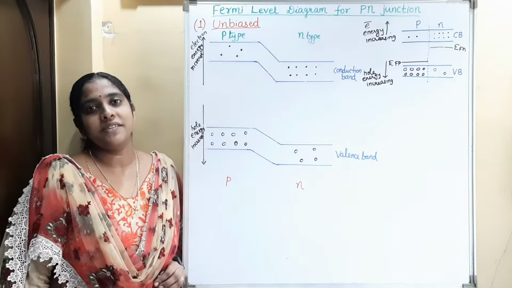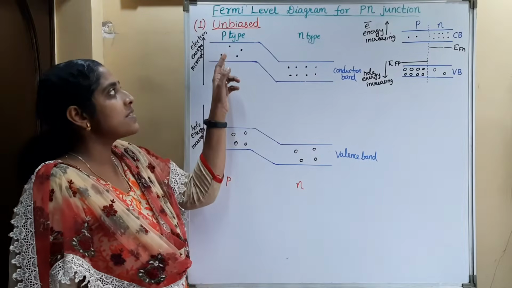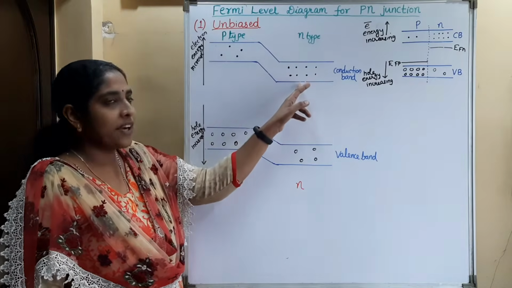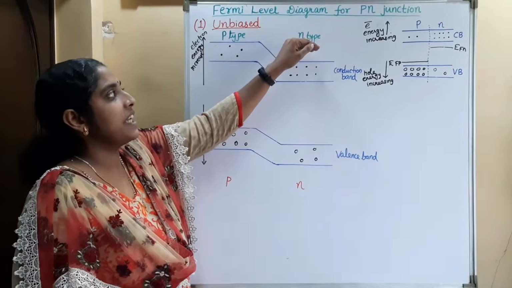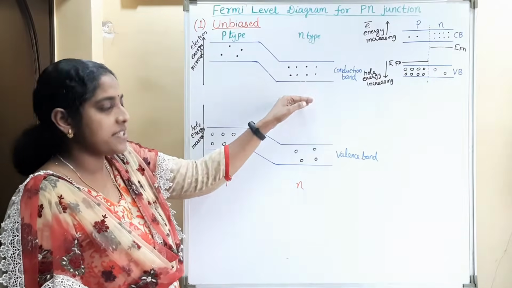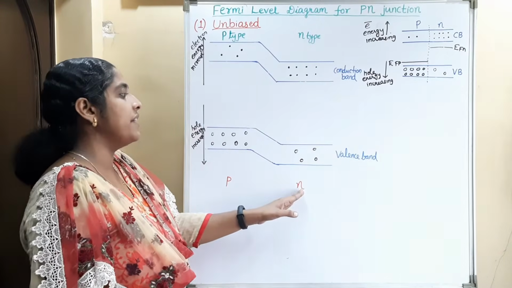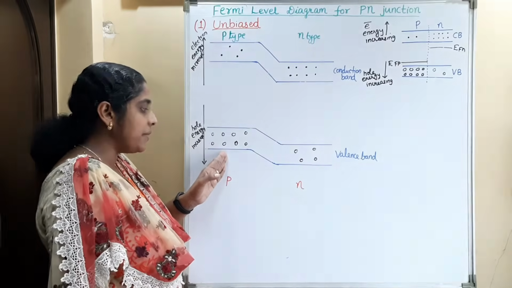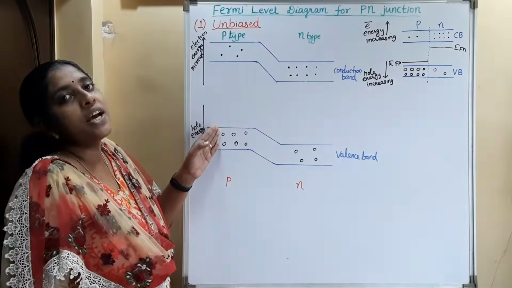So when the PN junction is formed, the electrons from the N region move towards the P region. Therefore, electron energy in the N region decreases. That is, the band structure in N region shifted downwards. Whereas from the P region, the holes move towards the N region. Therefore, hole energy in P region decreases, and therefore band structure shifted upwards.